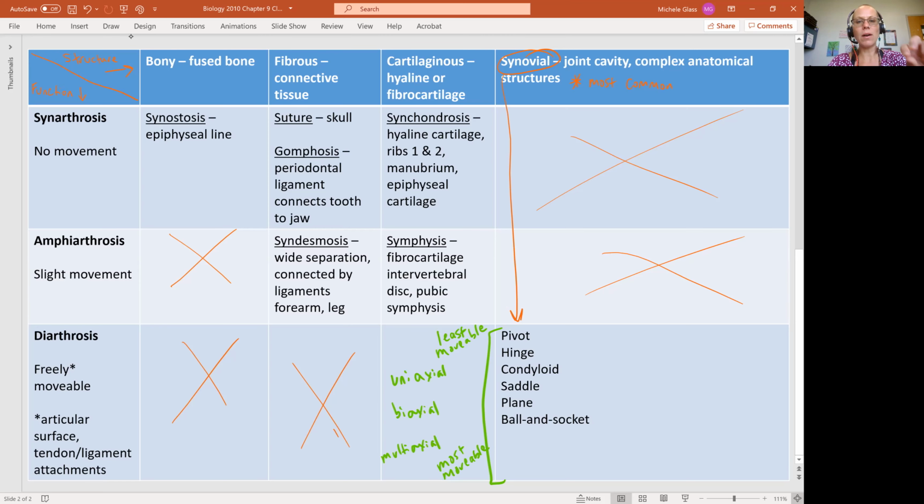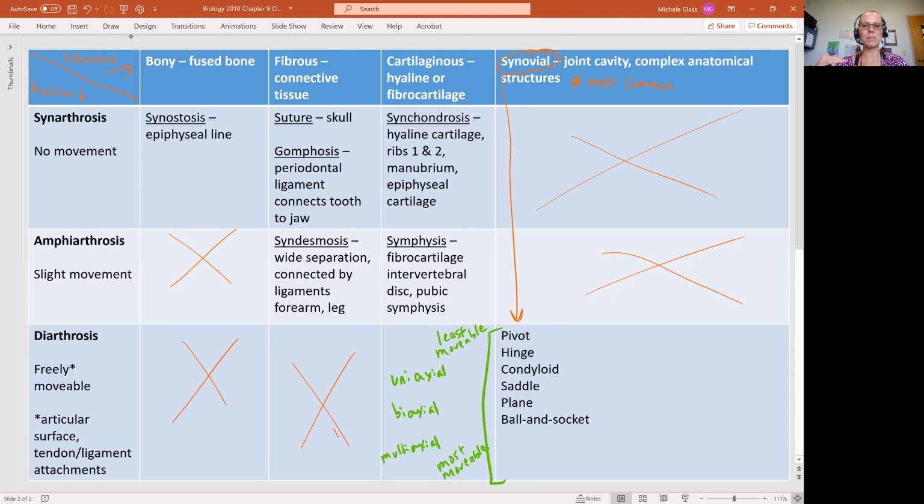And this is talking about the 3 body planes. So frontal plane, sagittal plane, and transverse plane. So frontal, think front to back. Sagittal, think side to side. And transverse is our cross-sectional cut or cross-sectional plane.